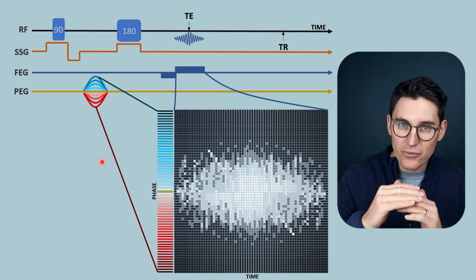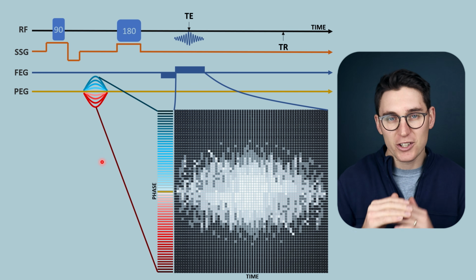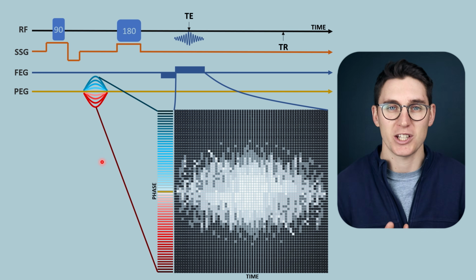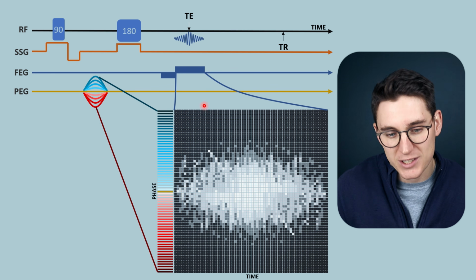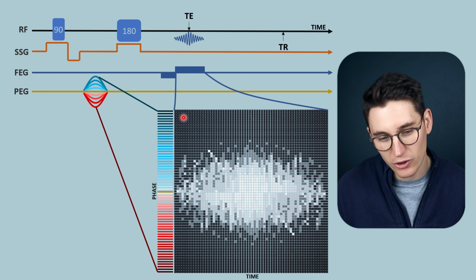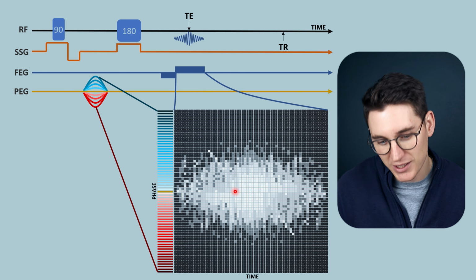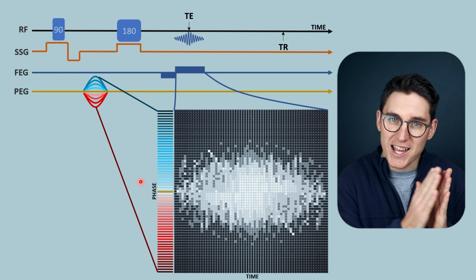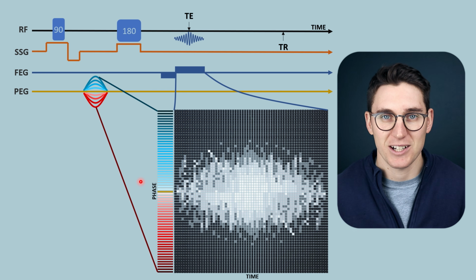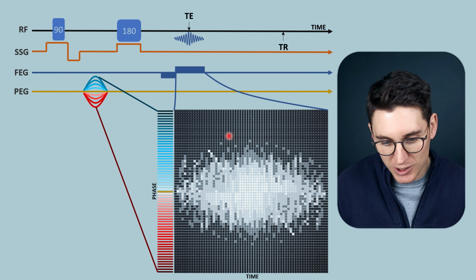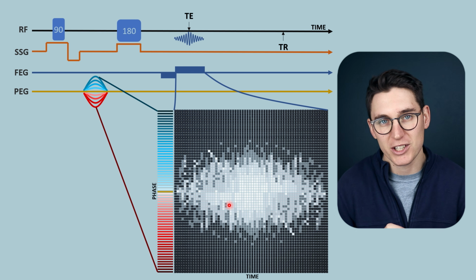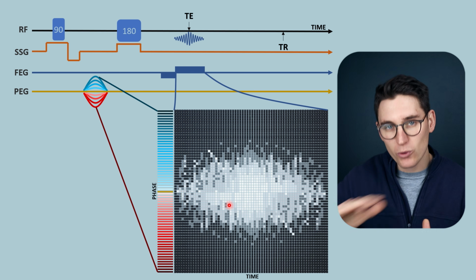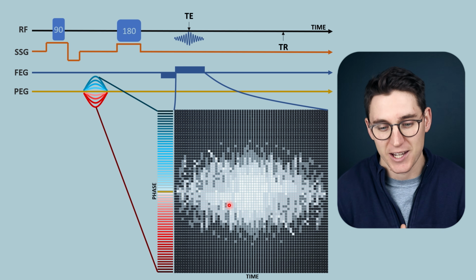Now the number of phase encoding steps that we use determines the y-axis resolution that we can get within our image. The number of times that we sample the signal within that frequency encoding step, the number of columns within k-space, is going to determine how much x-axis resolution we're going to get in our final image. And we've seen that we can use this data and use what's known as a 2D Fourier transformation to actually create the image for that specific slice on our MRI scan.